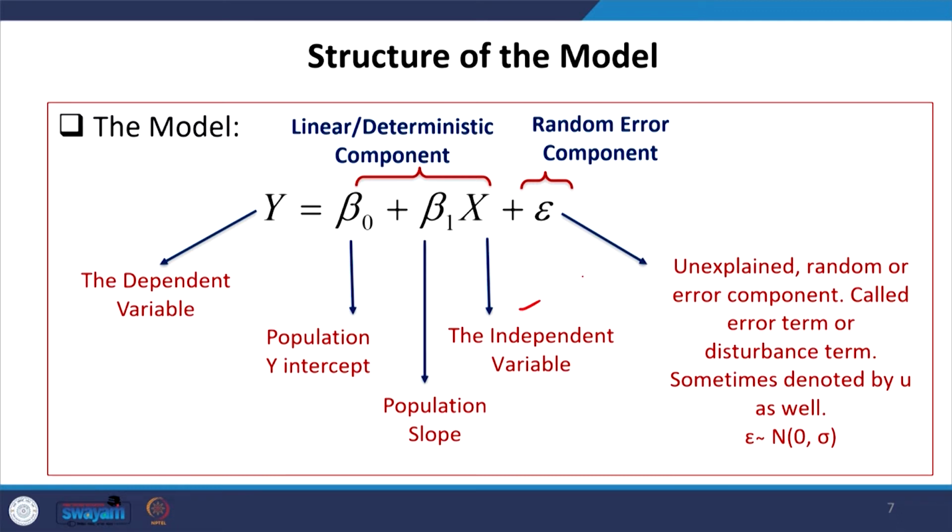So, other details we have already highlighted, and I am sure this will help you. Epsilon is called the random error component, also called the unexplained or random or error component.